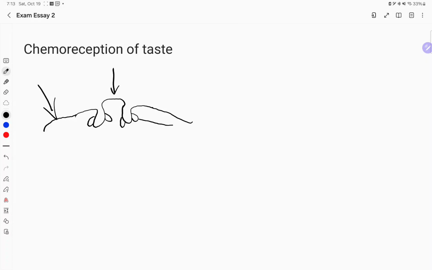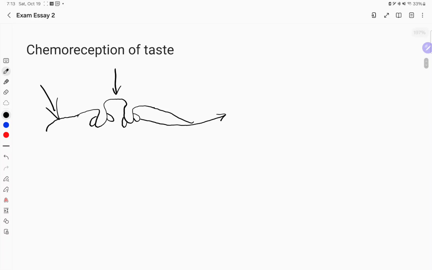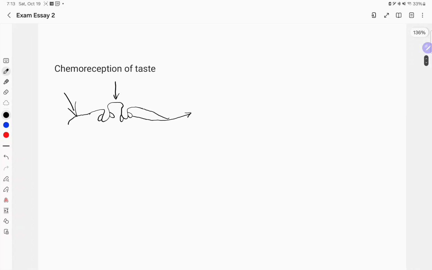So if we blow these taste buds up to look at the cells and what's happening, we're going to look at a few different flavors, if you will, or senses of taste. Actually, let me make this a little bit bigger. So we're going to have three different pathways.